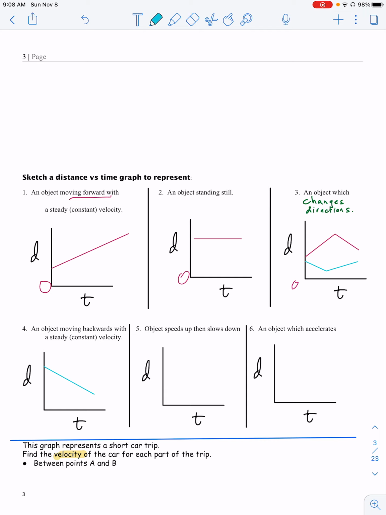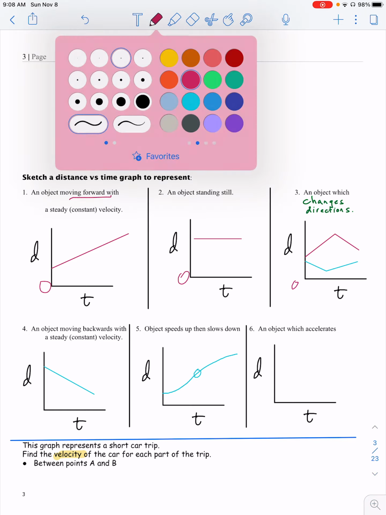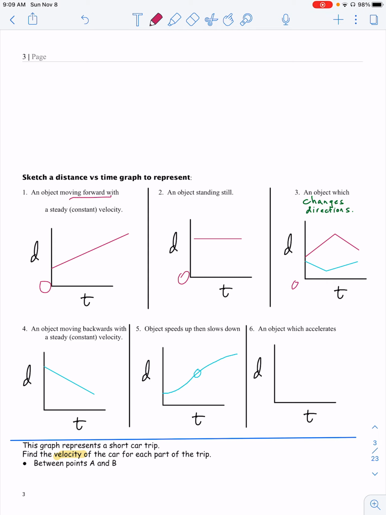Object speeds up, then it slows down. At that point, it starts slowing down, but I didn't change direction. Now I could just as easily have done it like this. Object speeds up, then it slows down. I could have drawn it like that because the magic pencil's getting steeper and then it gets flatter.